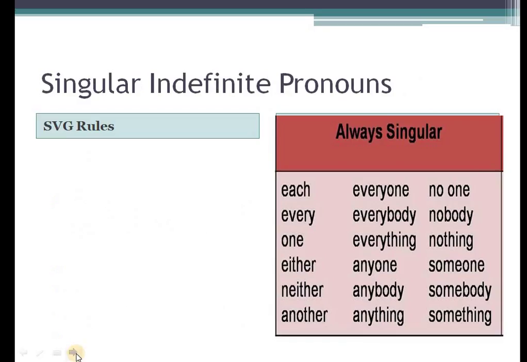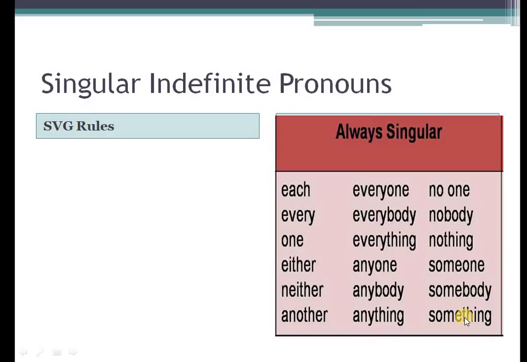Now, let's continue. We talk about indefinite pronouns that are singular. They are: each, every, one, either, neither, another, everyone, everybody, everything, anyone, anybody, anything, no one, nobody, nothing, someone, somebody, something.